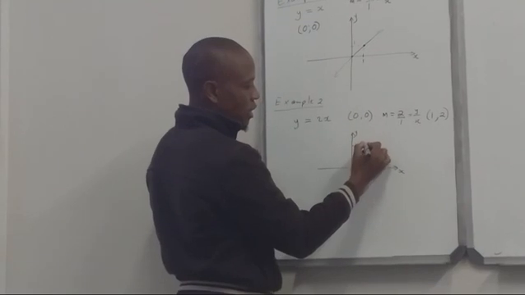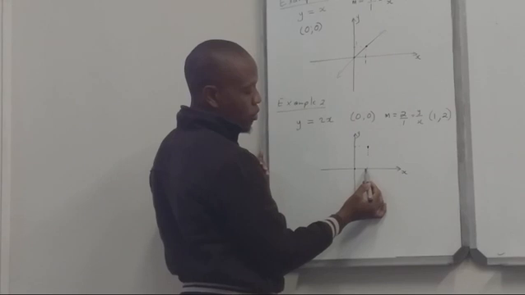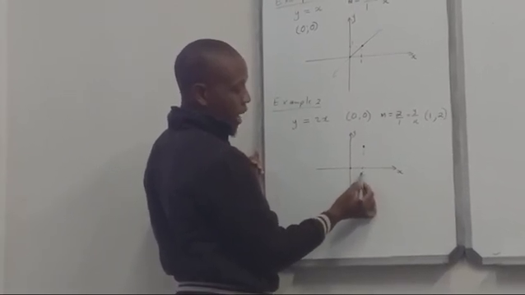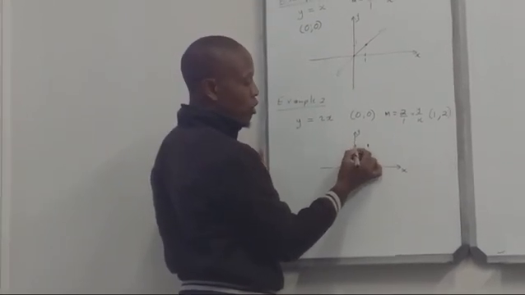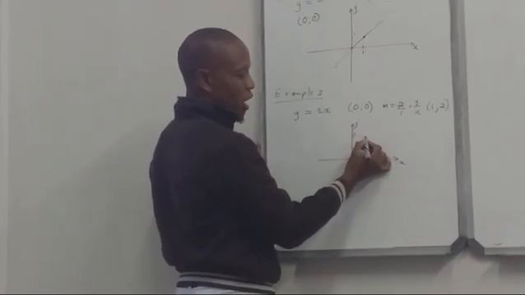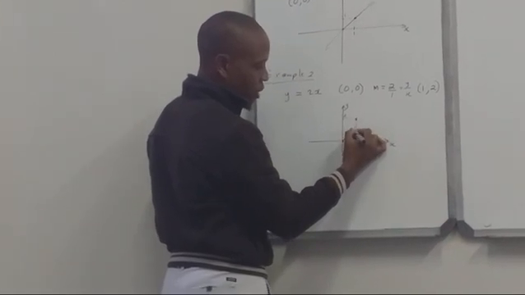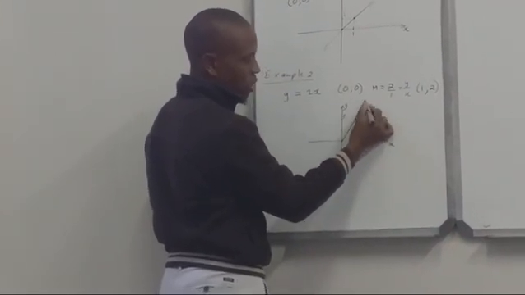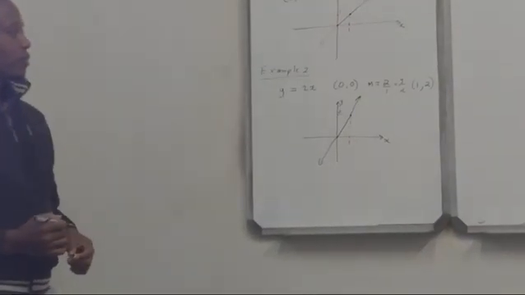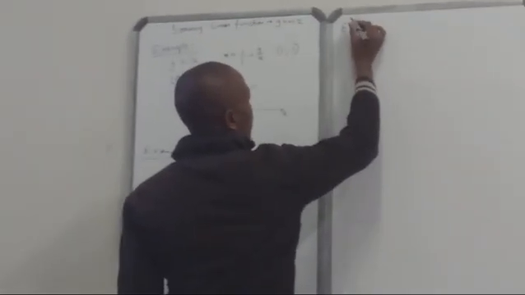You take 1 for x from the x-axis and 2 from the y-axis, and where they intersect, you have your point. And then you can connect with a ruler, and you have your line.